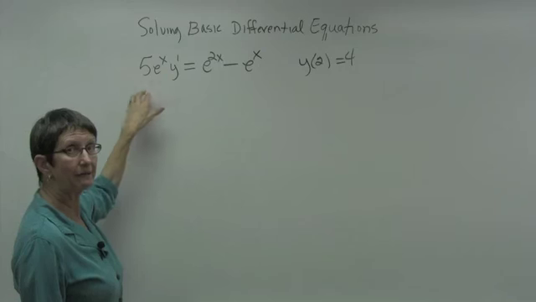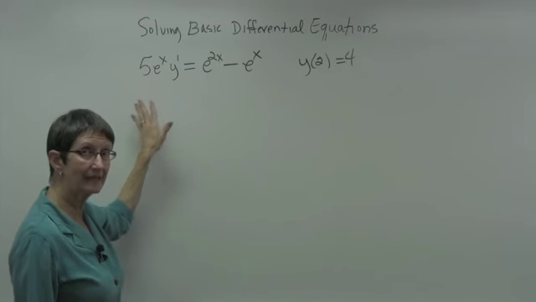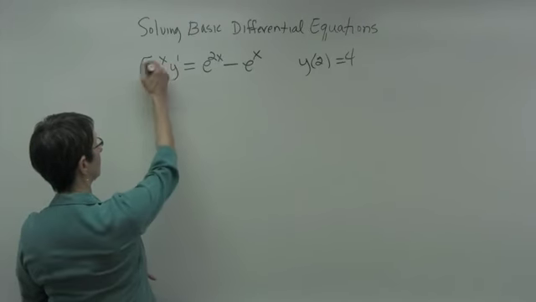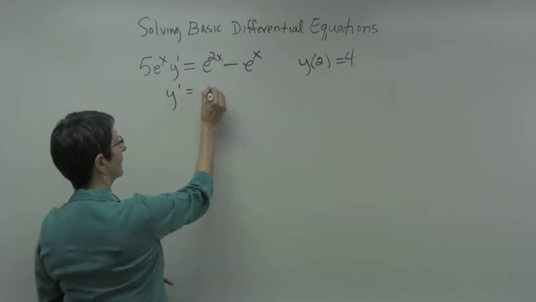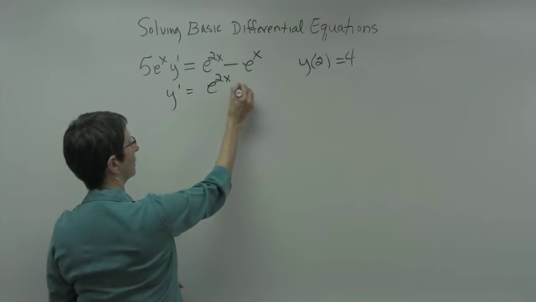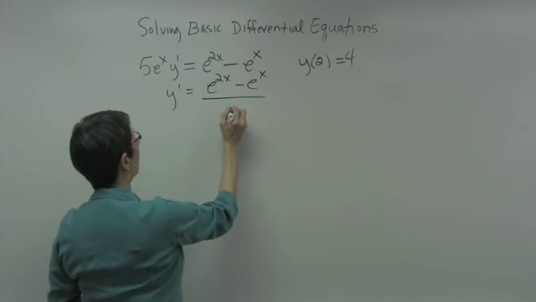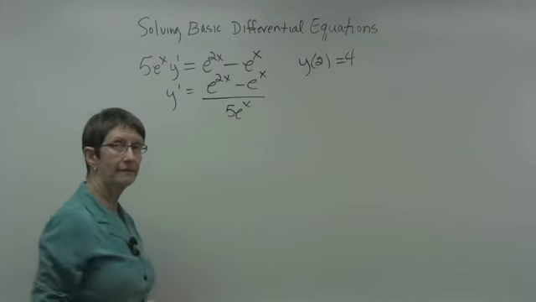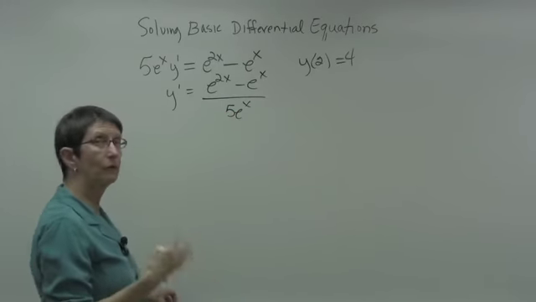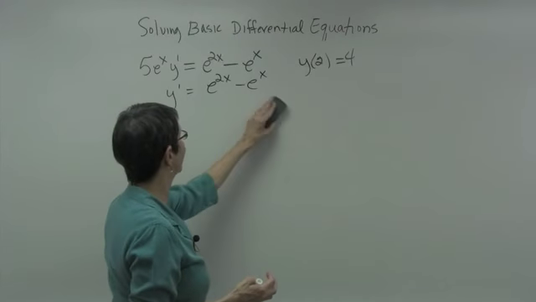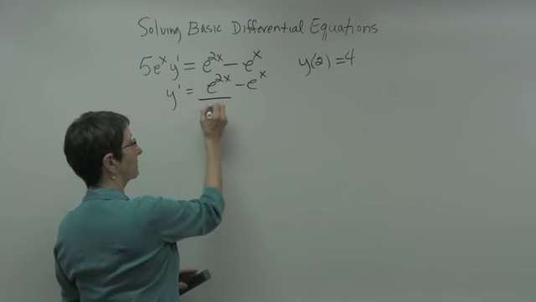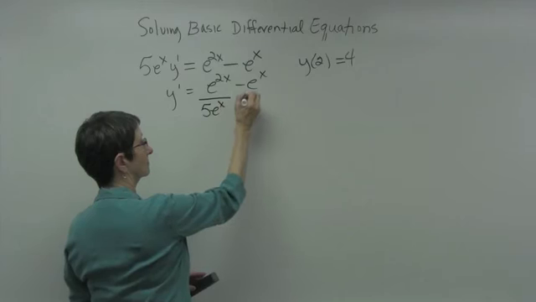To get y prime, we have to divide everything by 5e to the x. So I divide over here, it goes away. Over here, I have e to the 2x minus e to the x. And I can divide the whole thing by 5e to the x. But what that really means is dividing each piece by 5e to the x.